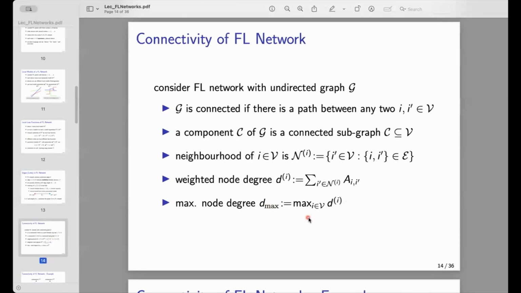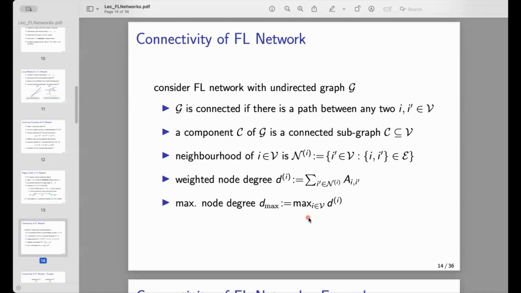Okay, so it will also be useful to define some parameters of a federated learning network that characterize the connectivity. A qualitative property of a federated learning network with an undirected graph is if it's connected. So if there is a path, we can follow the edges between any two nodes. From any given node, following the links, we should be able to reach any other node. That's a very intuitive notion of connectedness.